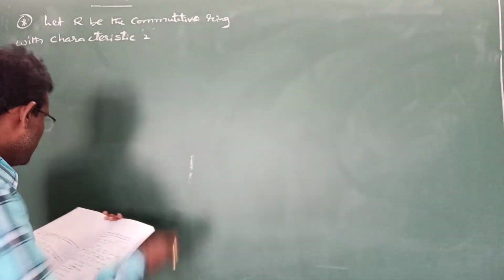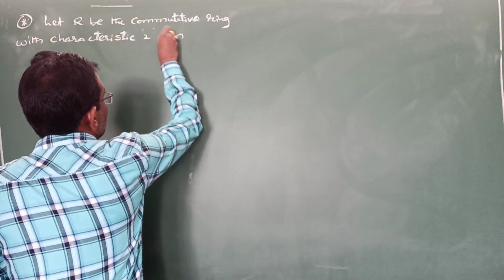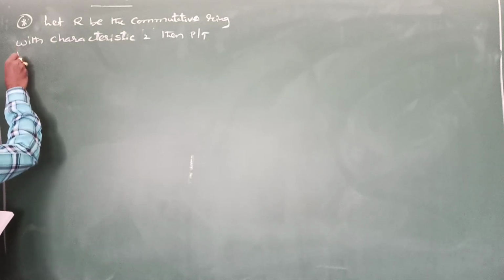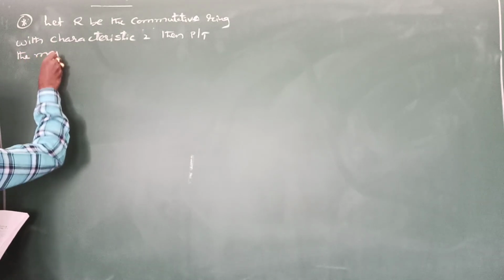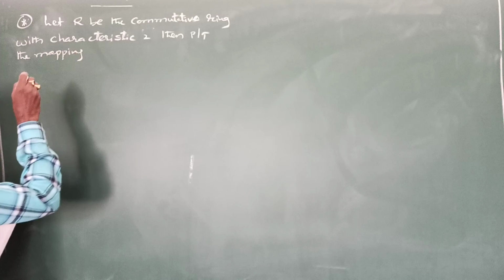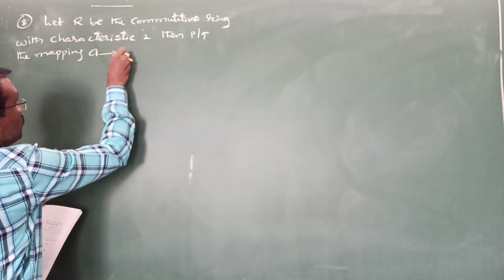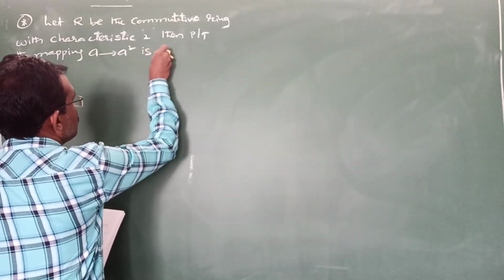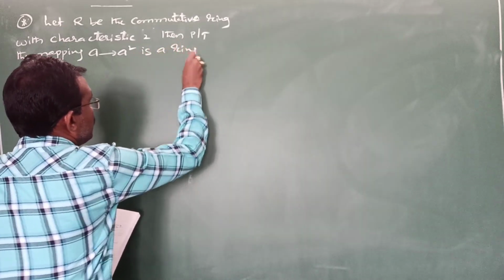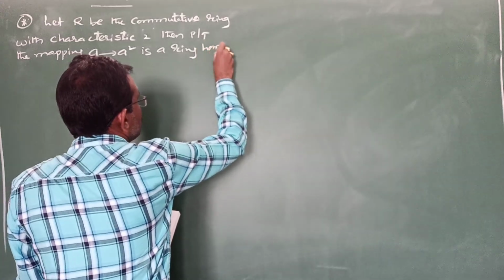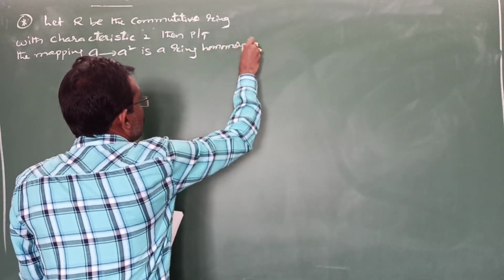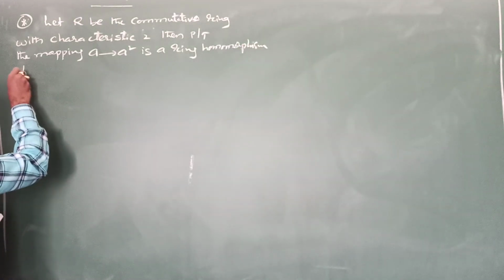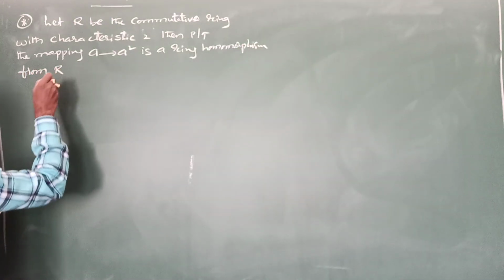Then prove that the mapping a to a square is a ring homomorphism from R to R.